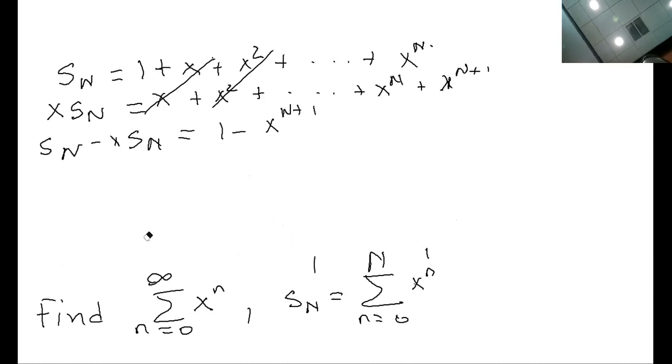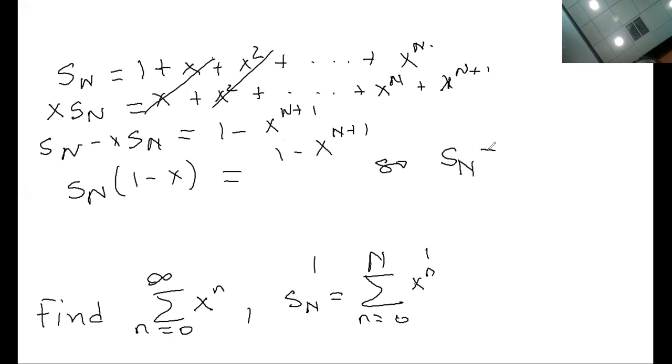So we have S_n times 1 minus x equal to 1 minus x^(n+1). So S_n is 1 minus x^(n+1) divided by 1 minus x.